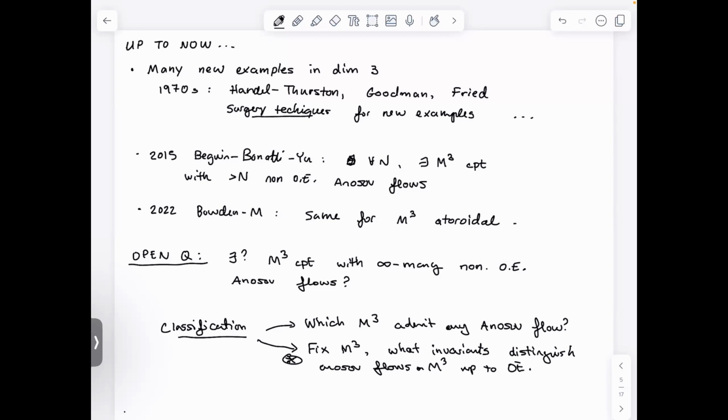Other questions? Okay, so let me give you one very basic invariant towards this. Here's the most simple thing you could do. I have a flow on a three-manifold.